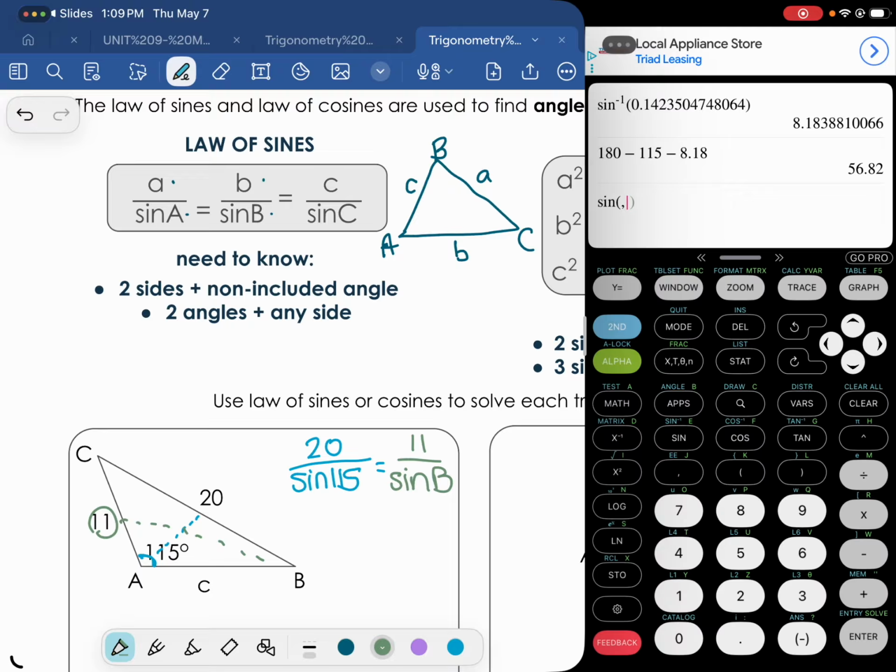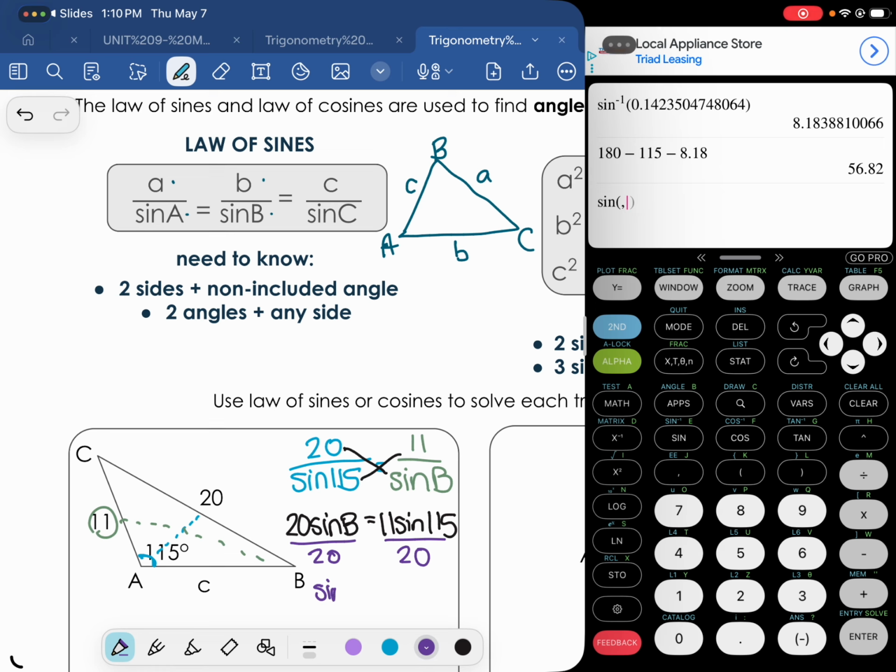Now, to solve an equation that has two fractions equal, you're going to cross multiply. That's going to be 20 sine B equals 11 sine 115. Now, to get sine B by itself, you divide by 20.